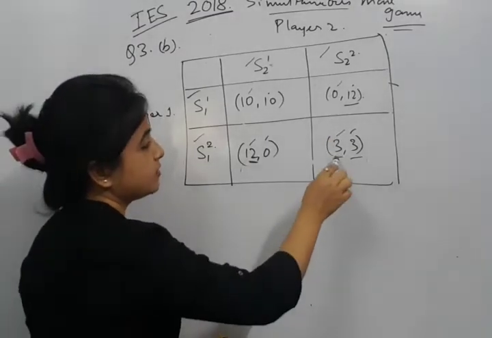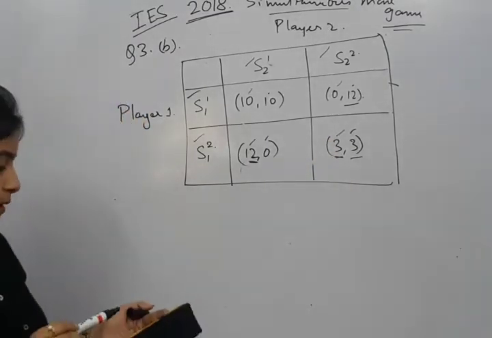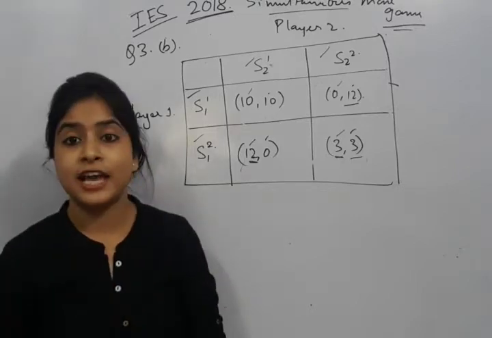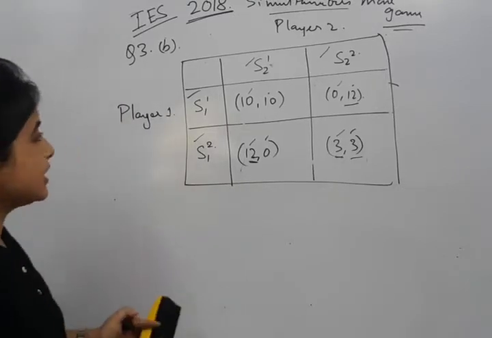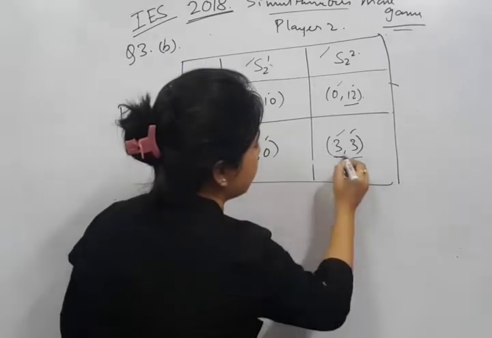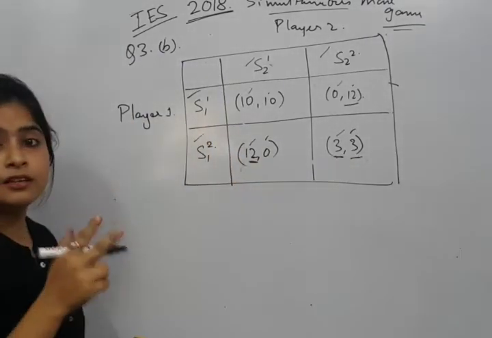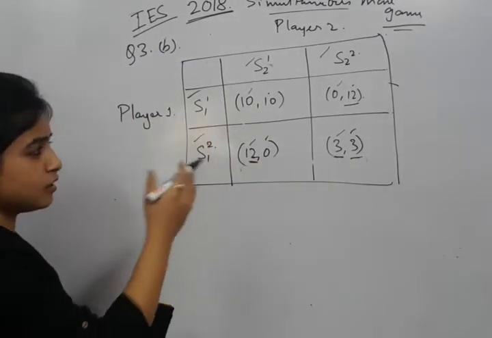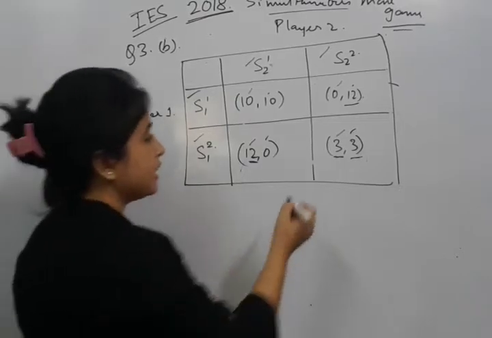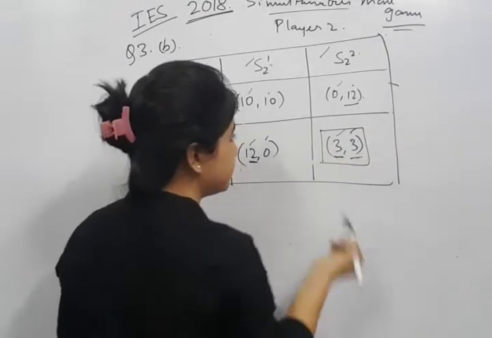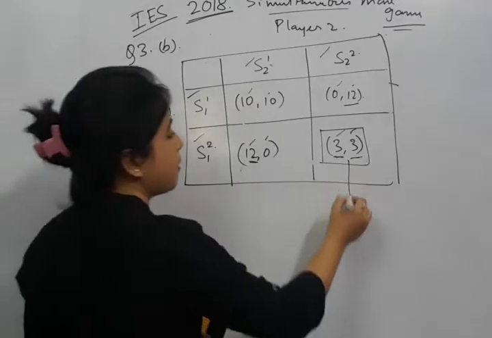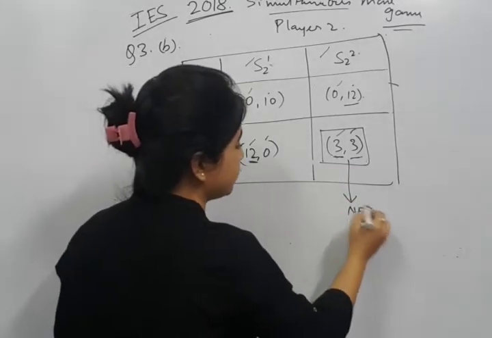Here again 3 is higher. Therefore, player 1 goes for strategy S12. So see, it is the only payoff where we have underlined both the elements. So from here we are very much sure that this is the Nash equilibrium of the game.